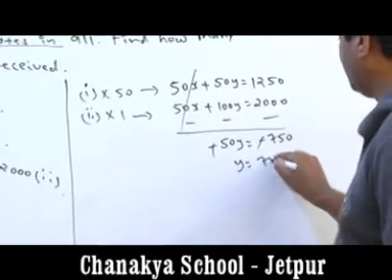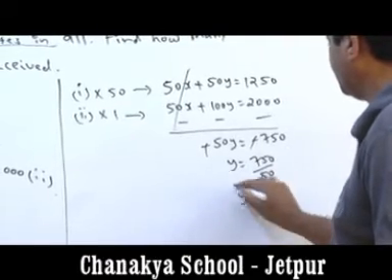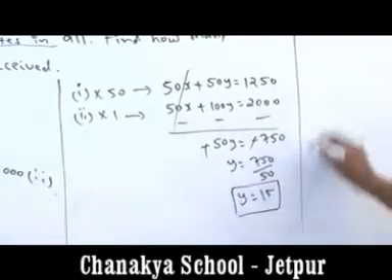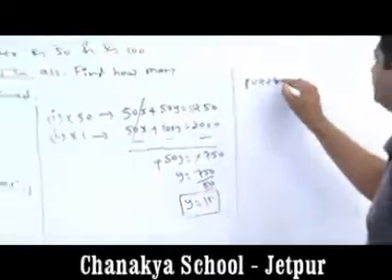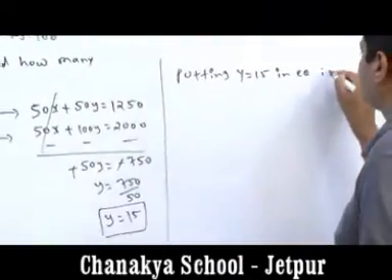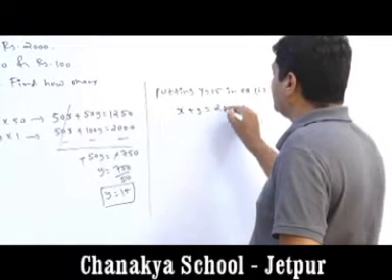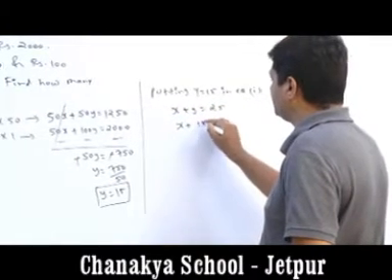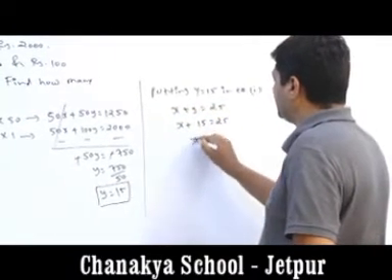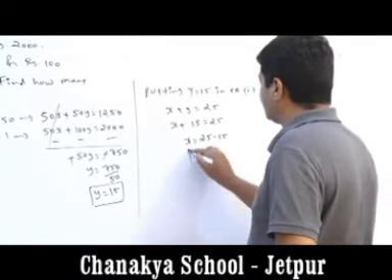y equal to 750 by 50, y equal to 15. Putting y equal to 15 in equation number 1, x plus y equal to 25, x plus value of y 15 equal to 25, x equal to 25 minus 15, x equal to 10.